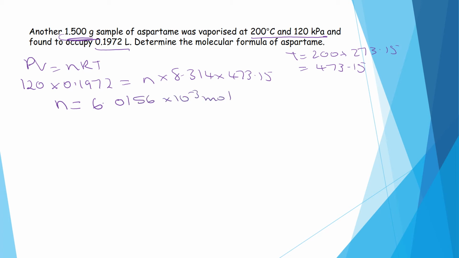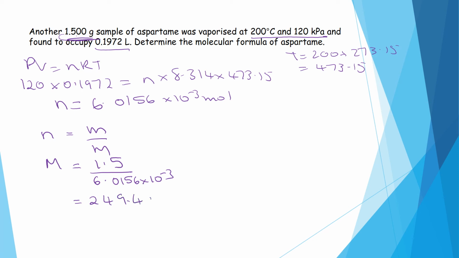Now that moles corresponds to that mass, so the number of moles equals mass over formula mass, and the formula mass will equal 1.5, which is the mass, divided by the number of moles, 6.0156 by 10 to the negative 3. And this comes out to 249.4 grams per mole.